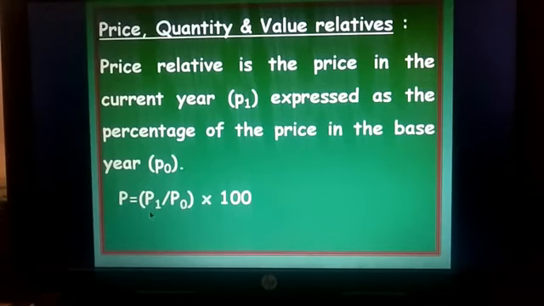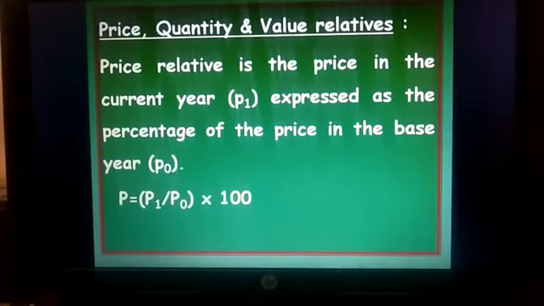What is P1? P is price, 1 means current year. Divided by, what is P0? P means price, 0 means base year. Multiplied by 100. Here, this right hand side expression can be expressed in words as price in the current year expressed as the percentage of price in the base year.